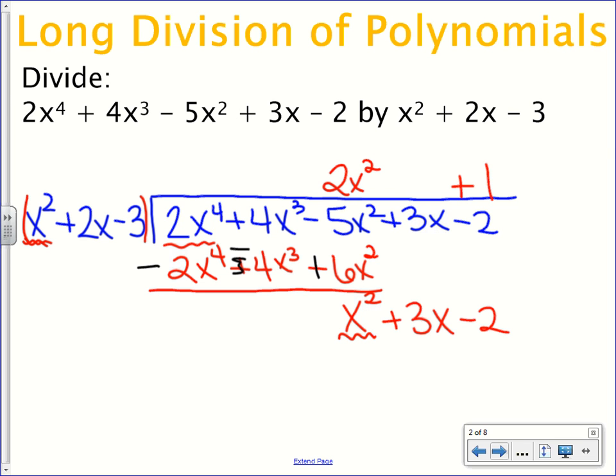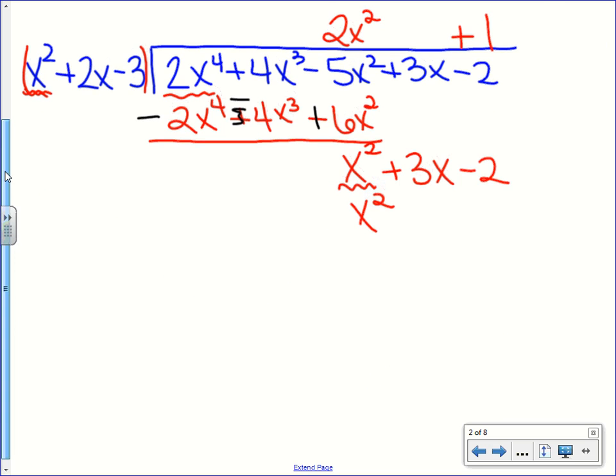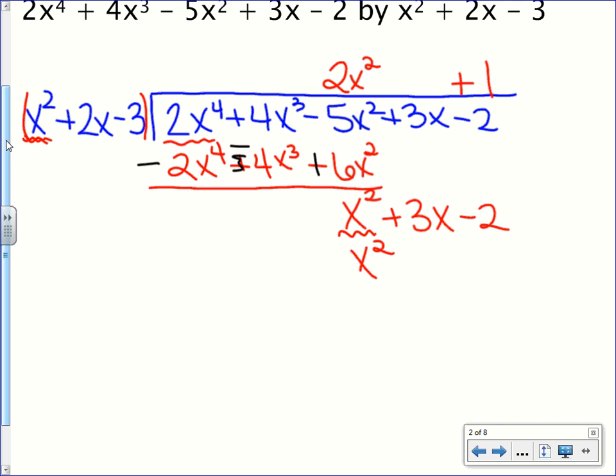So we have x squared times 1, 2x times 1, negative 3 times 1. And what are we doing there? We are subtracting. So subtract, subtract, subtract. Okay? What are we left with?